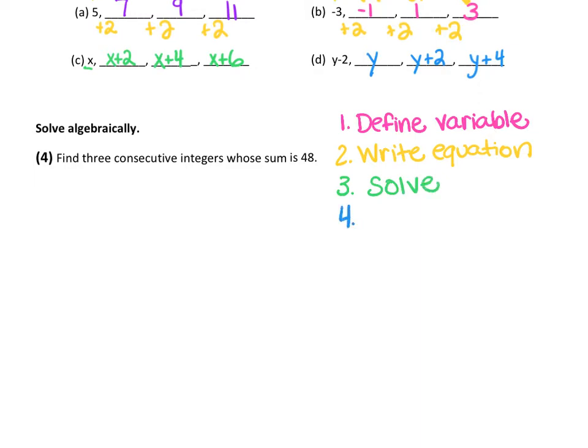After we solve, we always check to make sure our answer makes sense. And the very last step is to go back to the problem, read the question again, and write an answer in a complete sentence.